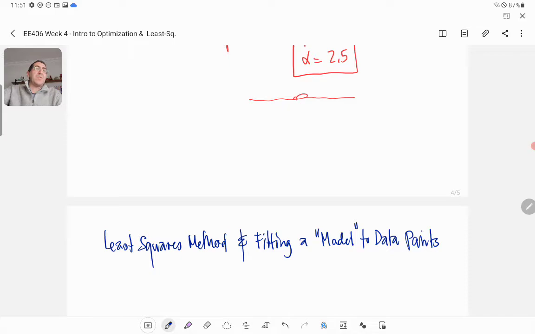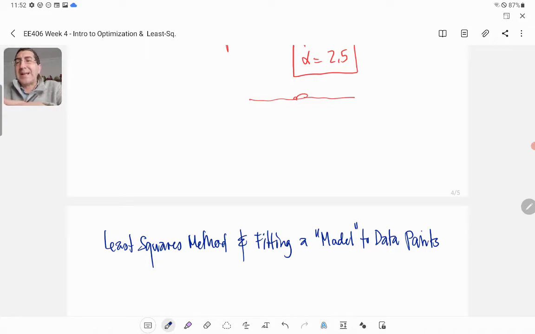This model obviously is slightly different from our models in the control theoretical sense, like a transfer function or, let's say, a state space model or things like that. But you will see that it's also loosely related because there are applications of optimization where you actually fit a transfer function to your observed data.